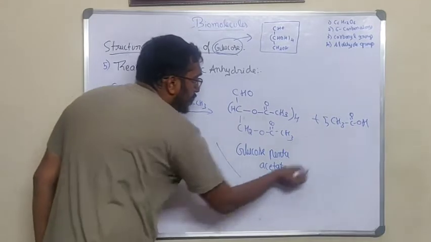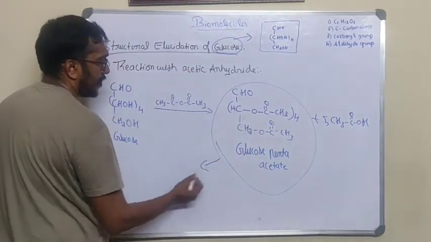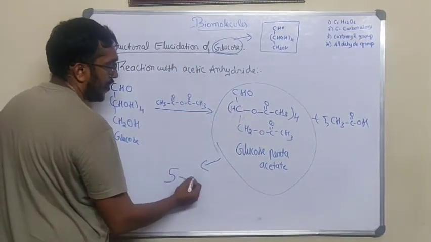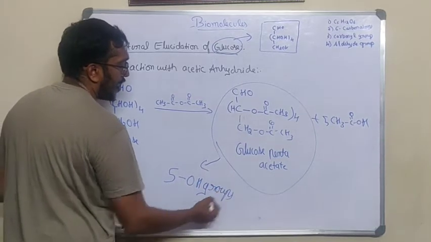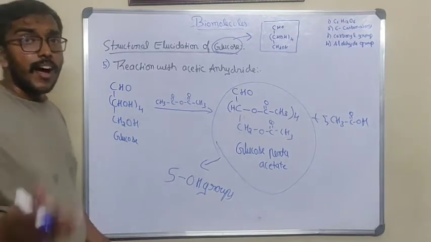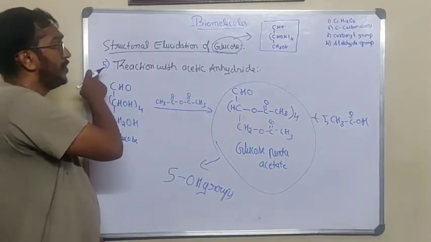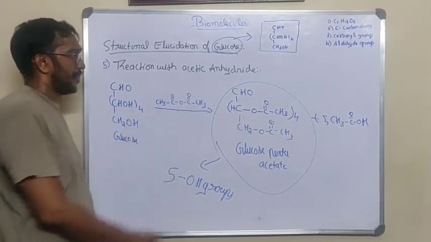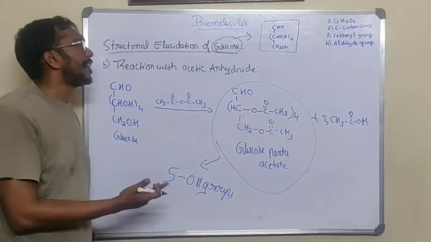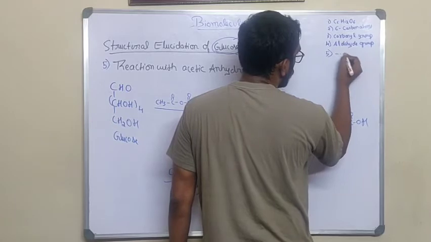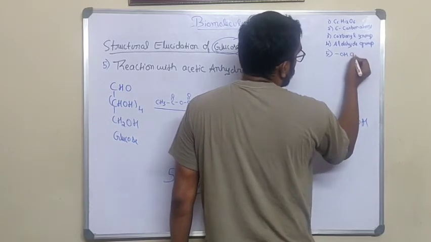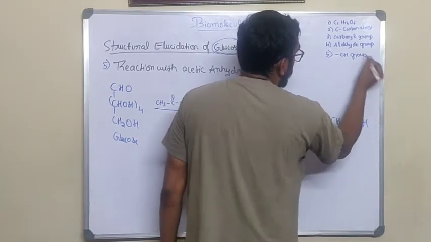So this product confirms that 5 OH groups are present. What is an OH group? Hydroxyl group. So this is the 5th point: reaction with acetic anhydride confirms that glucose contains 5 OH groups.